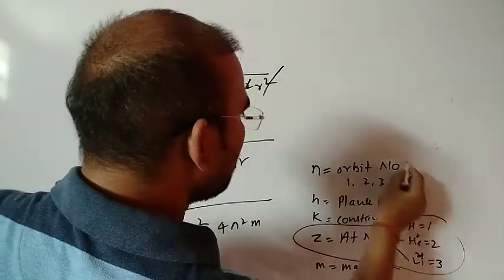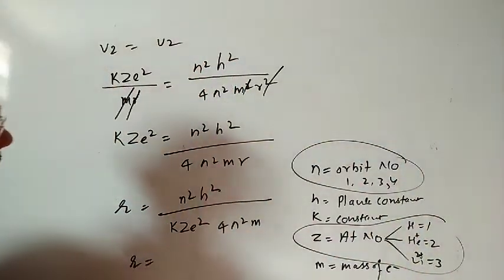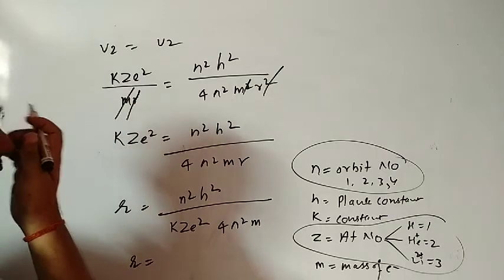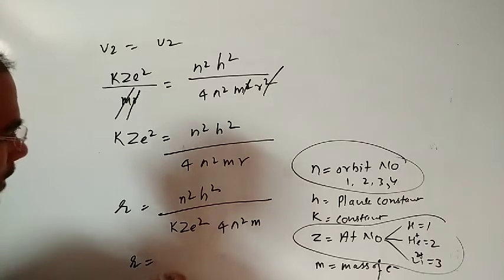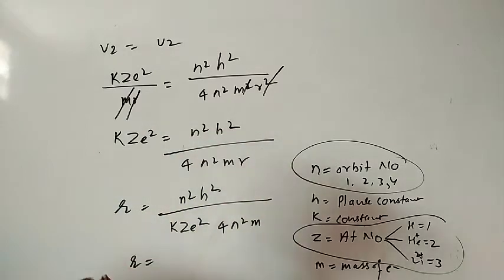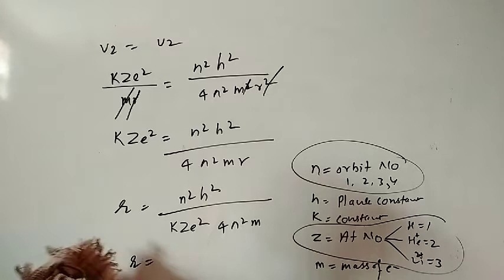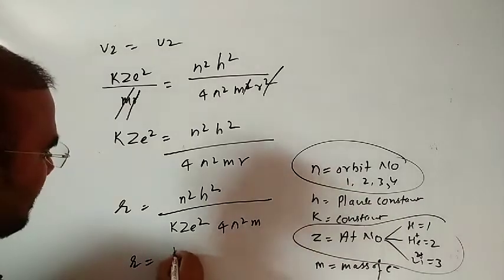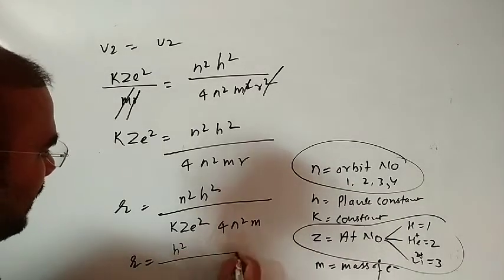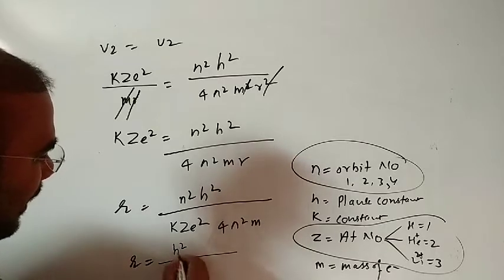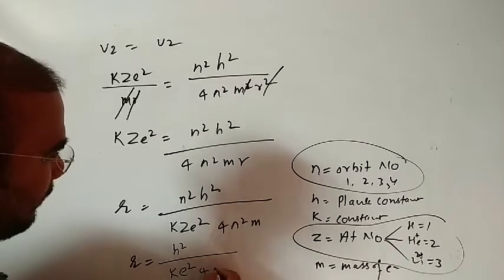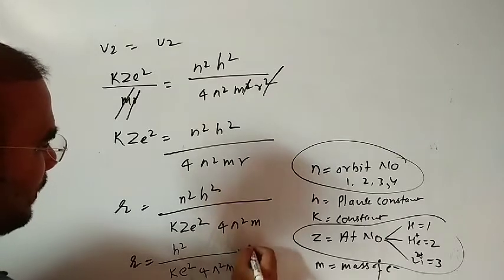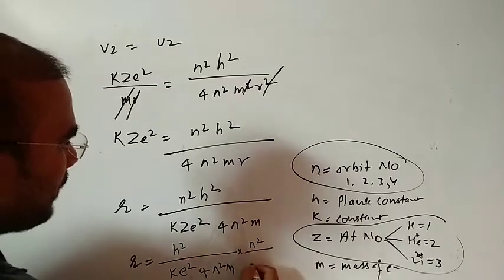Atomic number is variable, n is variable, the rest are constants. So we put in the values of the constants. Here h square divided by k, e is constant, 4 is already a value, pi square, m, and n square upon z.